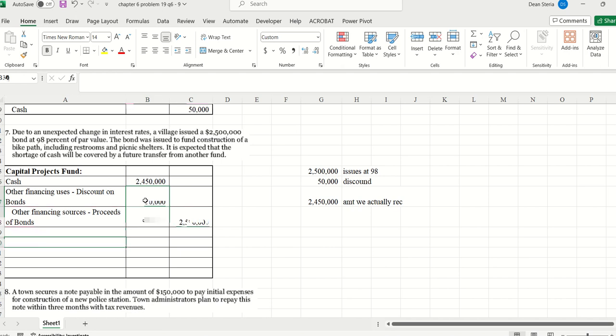And then we have governmental activities. And we're going to hit cash for the bond, the discount.